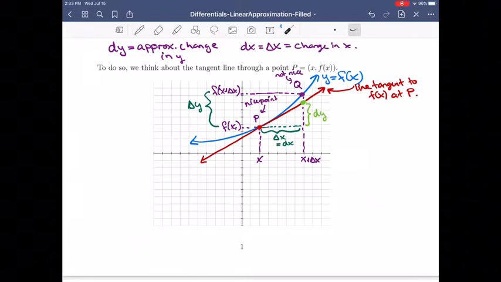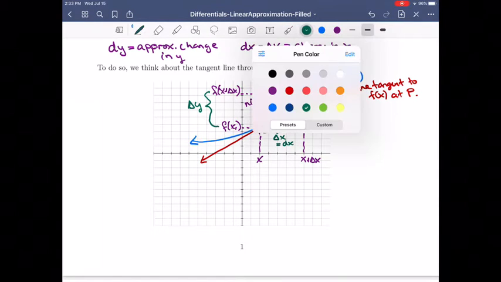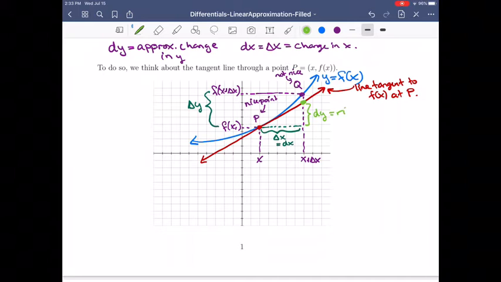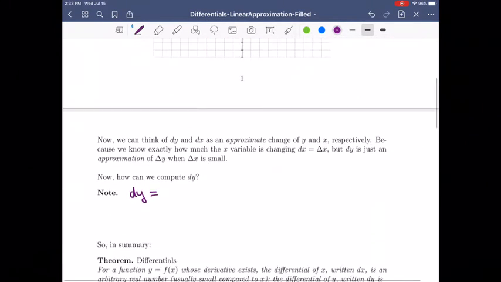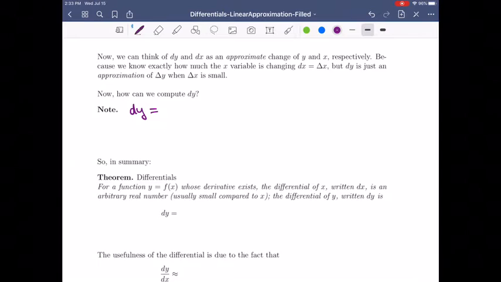So dy is actually the rise of the tangent line, the slope of the tangent line, I should say. And dx, or delta x, is the run.